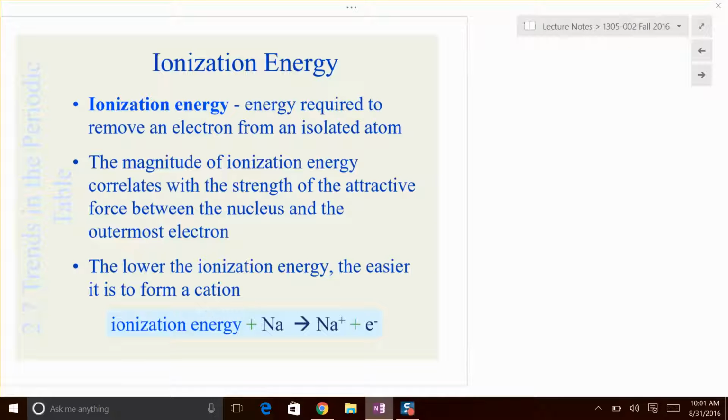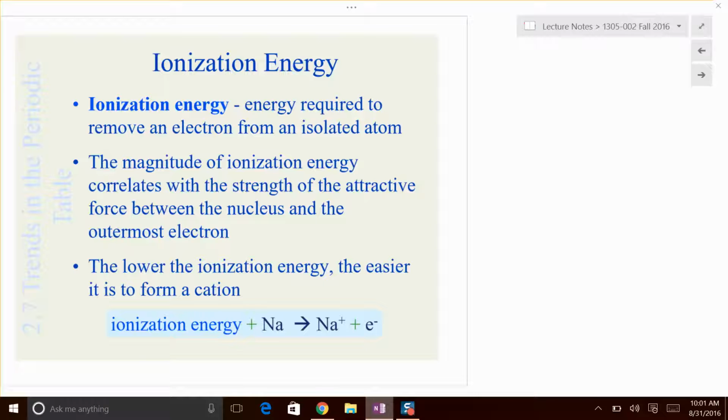Ionization energy is the energy required to remove an electron, okay? The magnitude of ionization energy correlates with the strength of the attractive forces between the nucleus and the outermost electrons. The atomic size does the same, right? Correlates with that. So it's going to follow the same kind of trend. The lower the ionization energy, the easier it is to form a cation.